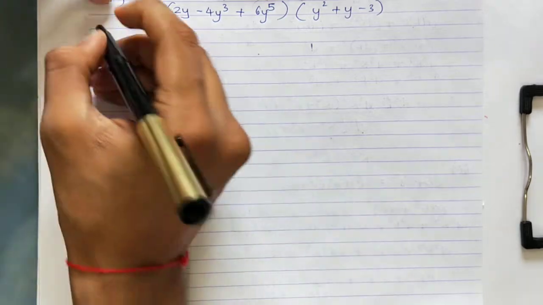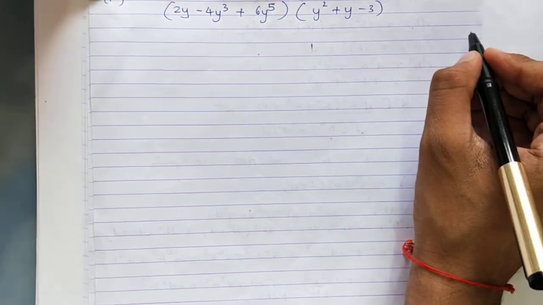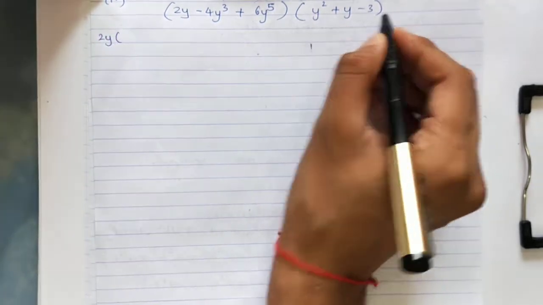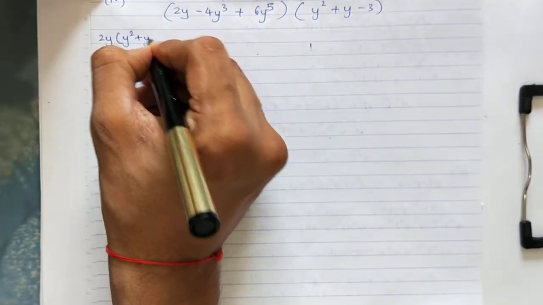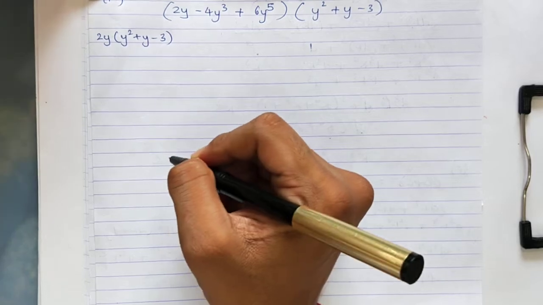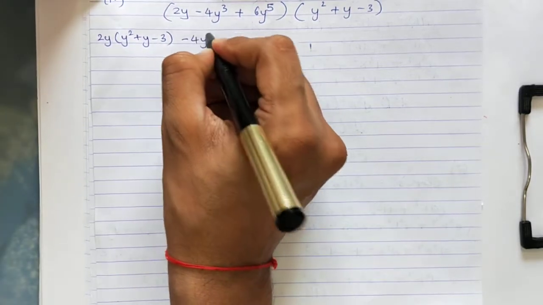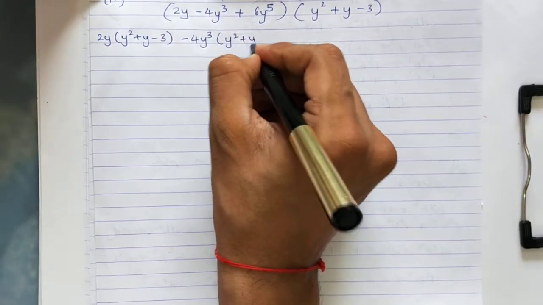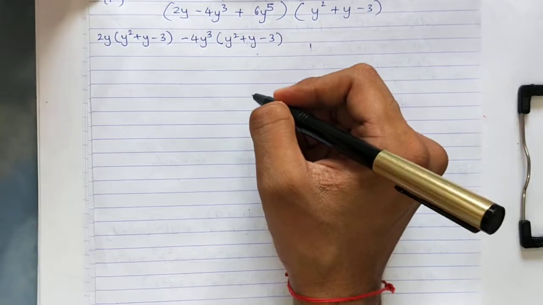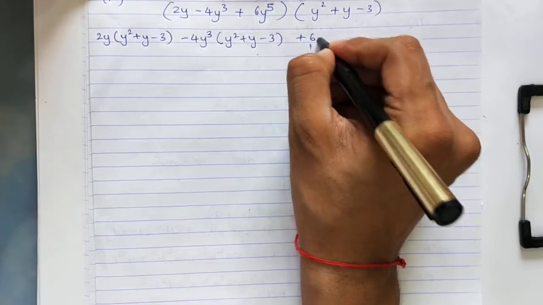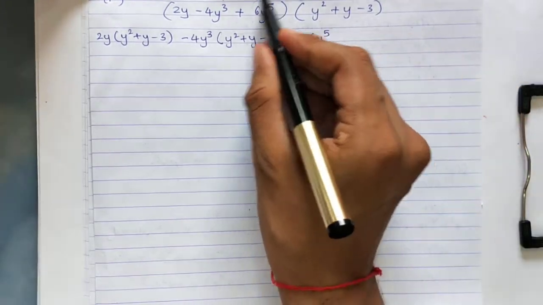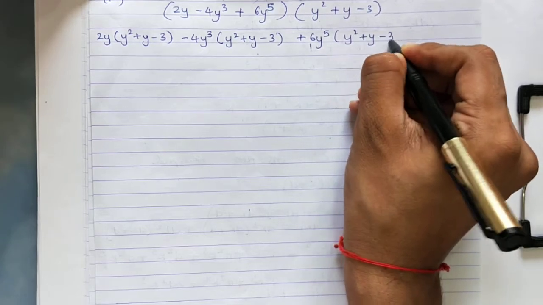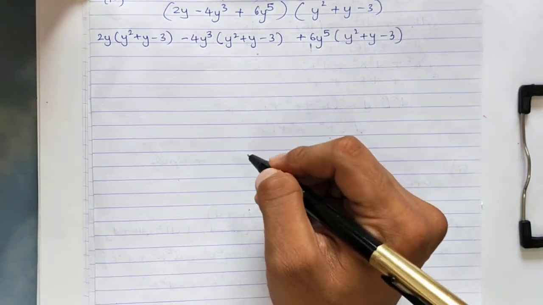Okay, so let's write it down. We'll need a long space like this, so make sure you copy it properly. 2y into this full bracket, y square plus y minus 3, then minus 4y cube into y square plus y minus 3, and then plus 6y5, this third term, will get multiplied with y square plus y minus 3.